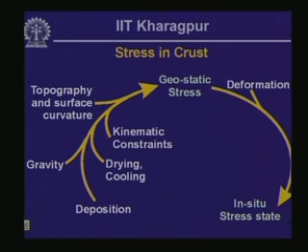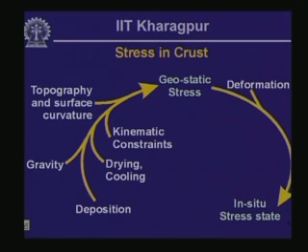And kinematic constraints: whether during the depositional process we are allowing any grain movement in a certain direction, or we are restraining the grains that are being deposited from moving in a certain direction. That particular aspect also affects the development of the state of stress.